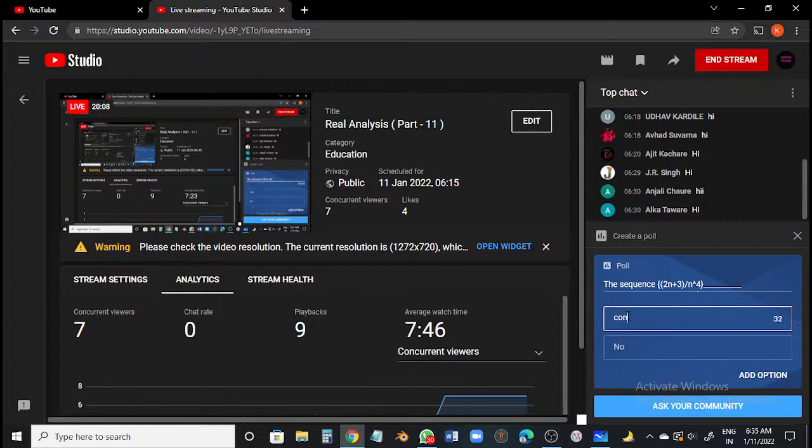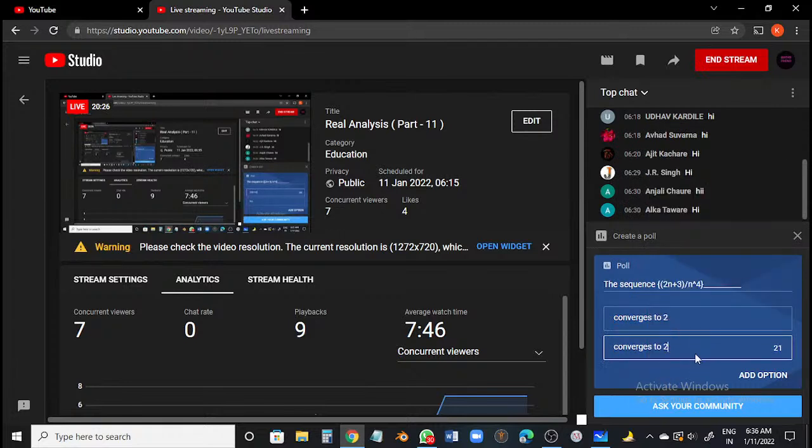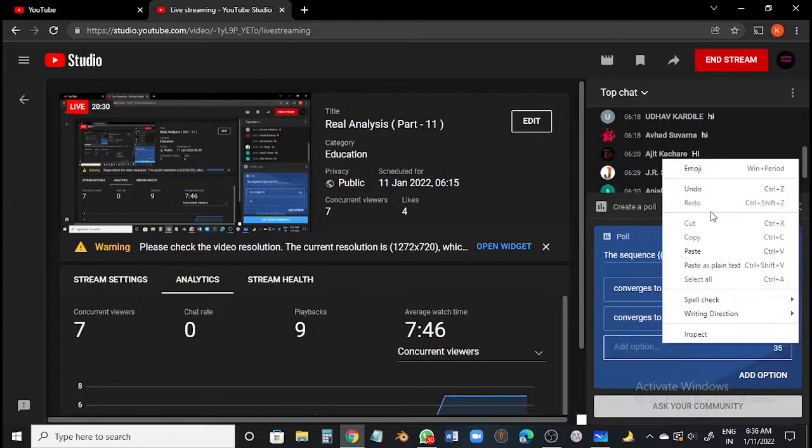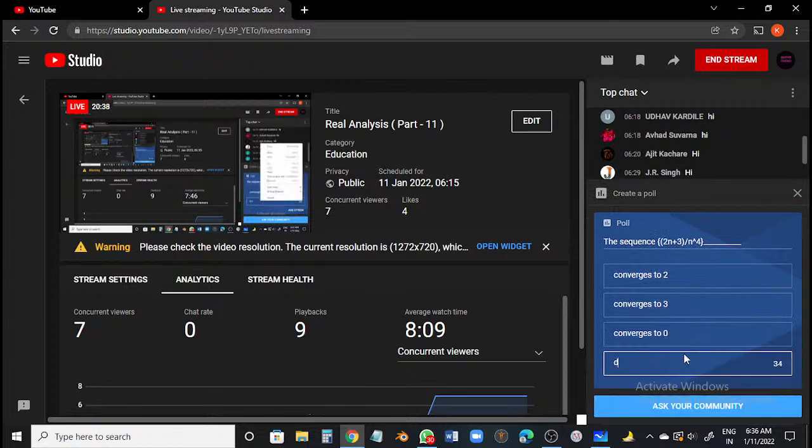Options are: converges to 2, converges to 3, converges to 0, diverges to infinity.